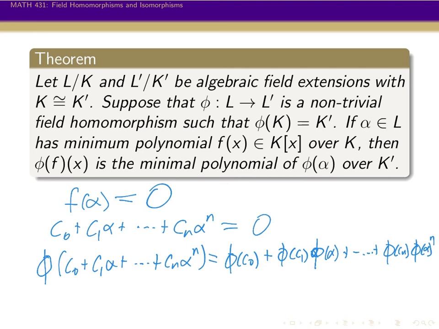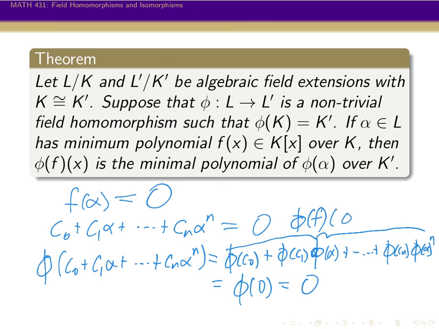And this is going to have to equal phi of 0, but 0 is sent to itself. So 0. We can see right here that the coefficients are the coefficients of f sent through phi. So this is phi of f with phi of alpha plugged into it. This is the same thing you would get if you took the image of f and put the image of alpha into it. And so this is telling us that phi of alpha is a root of it.